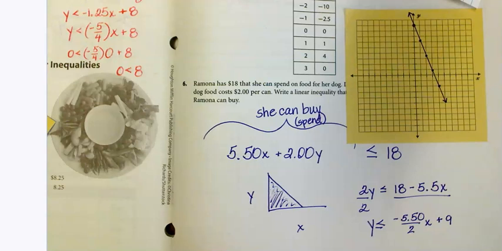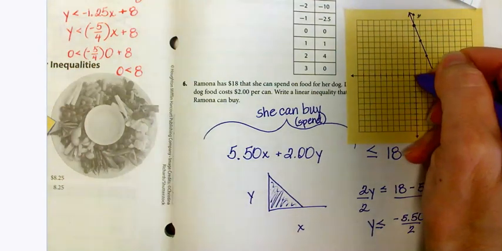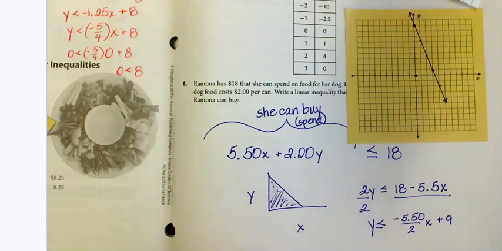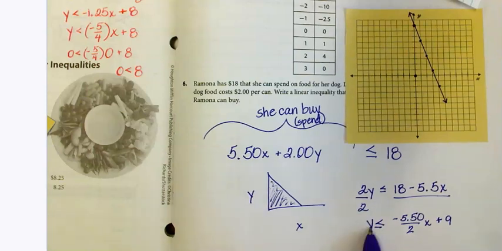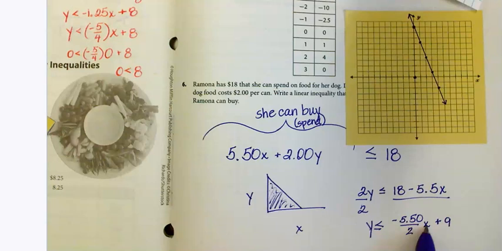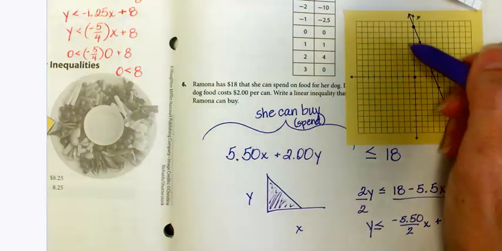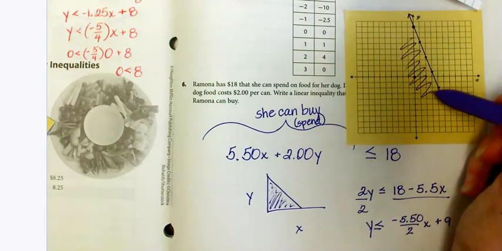So I look like I'm in pretty good shape. Then I need to figure out which way I'm going to shade. Okay. I, again, like picking 0, 0 because it's an easy point to deal with. If I put a 0 in here and a 0 in here, then that's going to wind up saying 0 is less than or equal to 9. And that's a true statement. So yes, I do shade on this side.